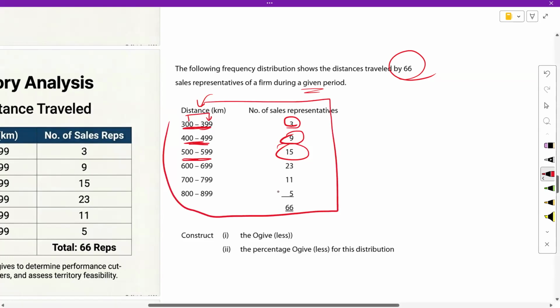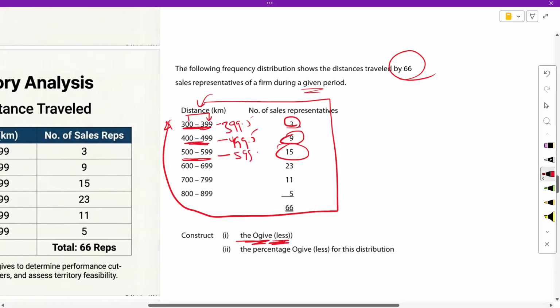The question is: construct an ogive. Less than 299.5, then less than 399.5, less than 499.5, less than 599.5.